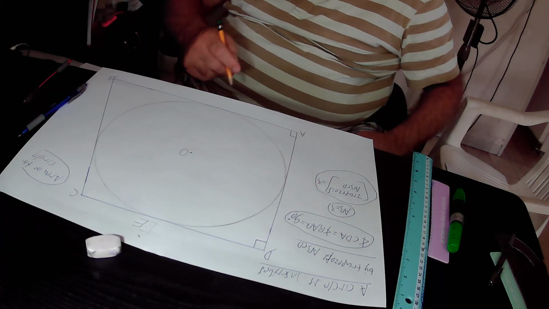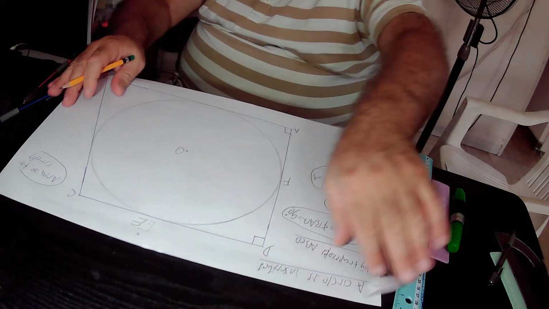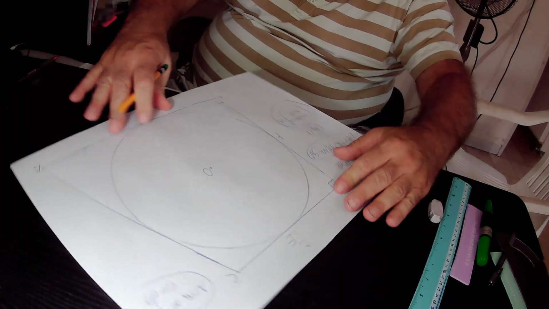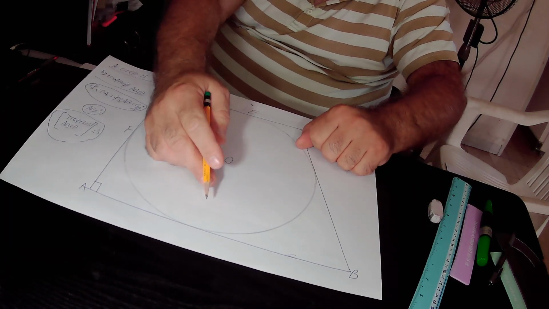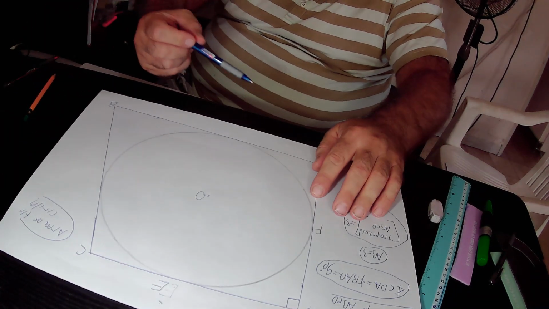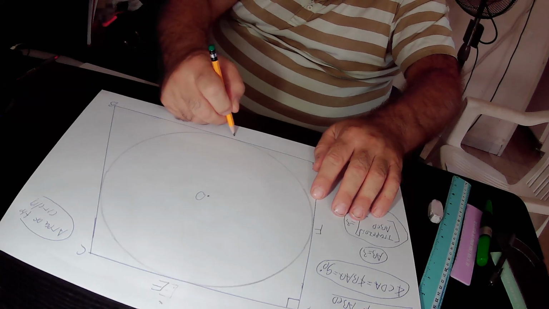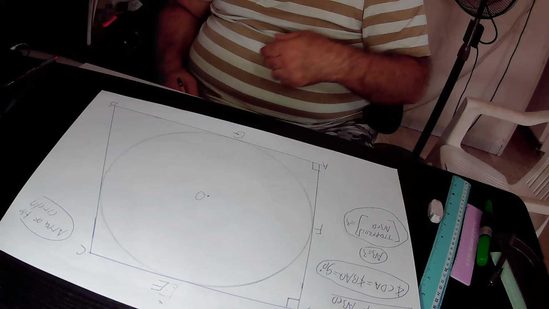This point is point F. And finally, we define the point of tangency of tangent AB with this circle. This point is point G. We define the radius of this circle as x.